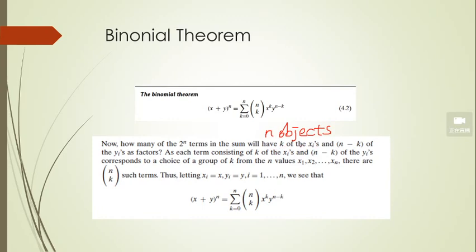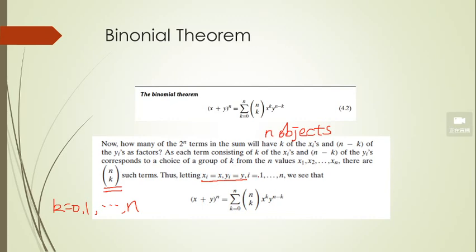You can choose 0 x's and n y's, 1 x and n minus 1 y's, and so on, finally n x's and 0 y's, right? So we can represent such a term this way, and our k can take all the possible values from 0, 1 until n.